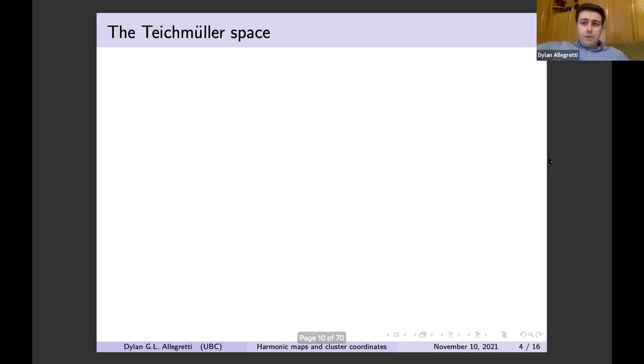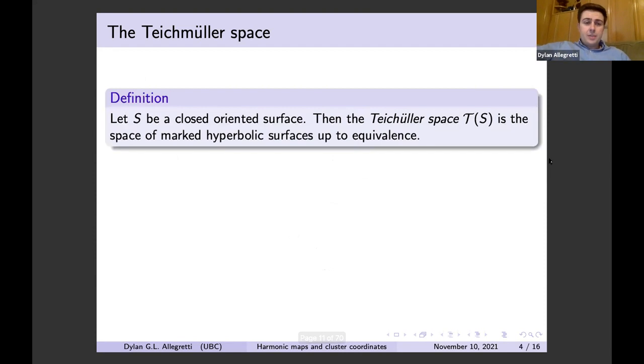And then we have the following definition. Let S be some closed oriented surface. Then we define the Teichmüller space of S to be the space of all marked hyperbolic surfaces up to equivalence. Perhaps you know other ways of defining the Teichmüller space, but this is the one that will be most relevant for this talk.